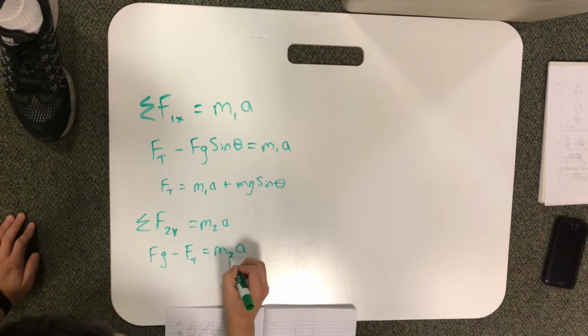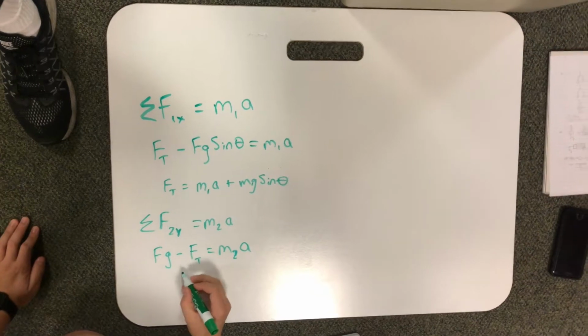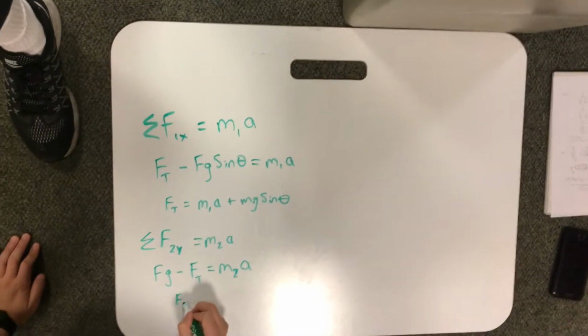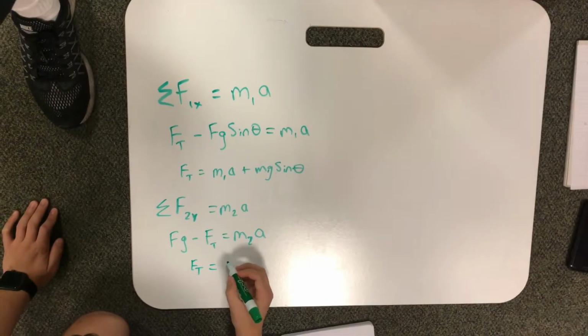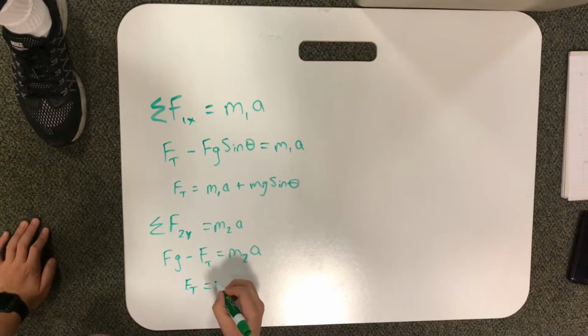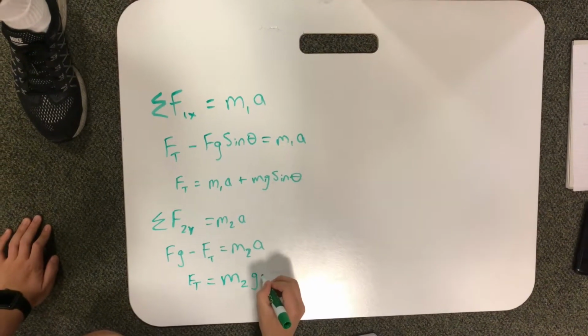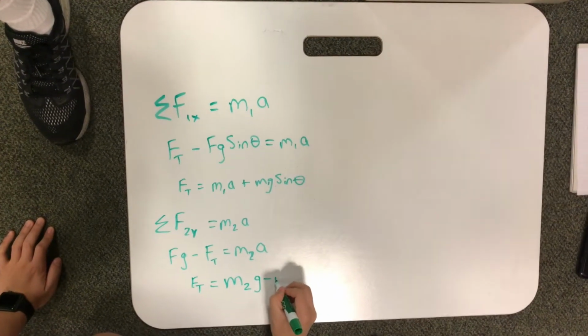And then that's equal to mass 2 times acceleration. And then from here I split up Fg into m2g, and then I set everything equal to the force of tension. So you get the force of tension is equal to m2g minus m2a.